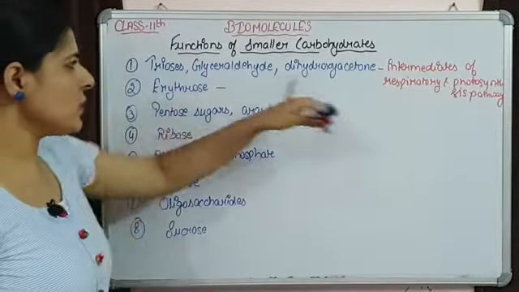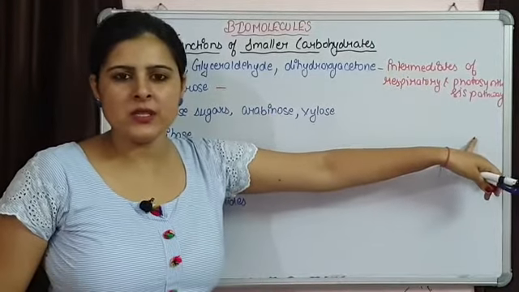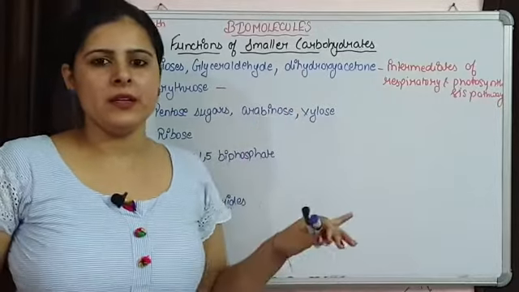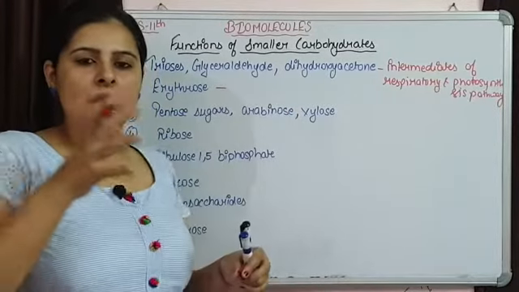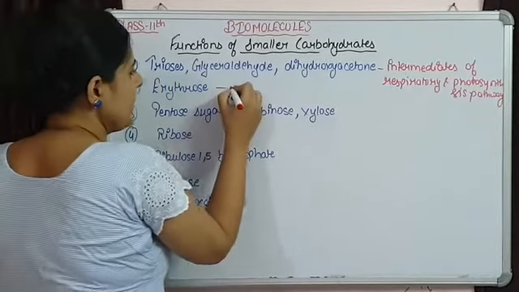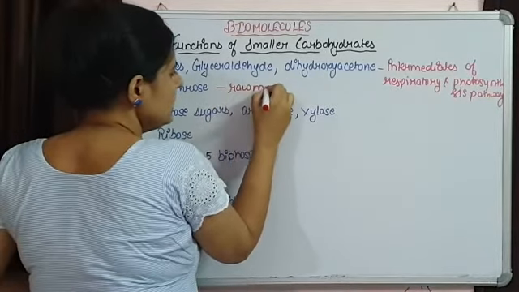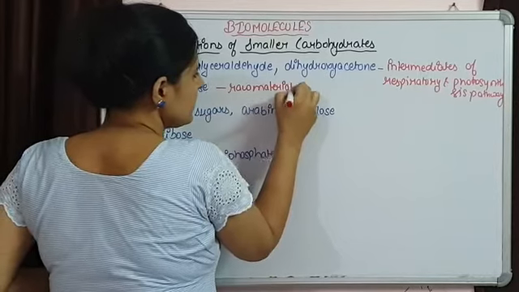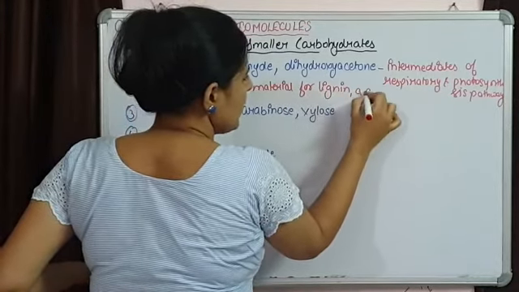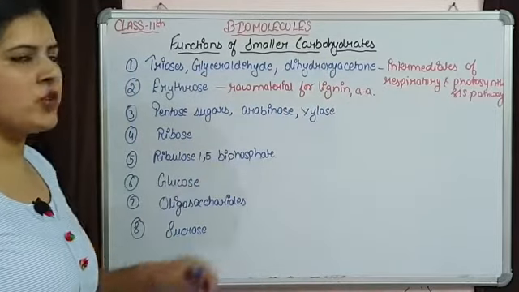Erythrose, that is also an intermediate in these pathways in photosynthesis, plus it acts as a raw material. Like in lignin formation या कुछ amino acids की synthesis में erythrose is acting as a raw material. So raw material for lignin, amino acids, that is the function of erythrose.